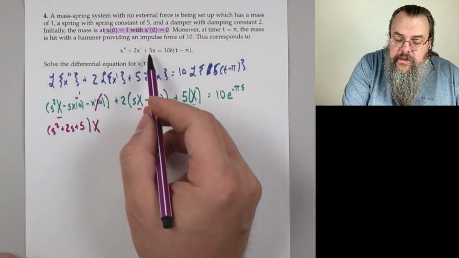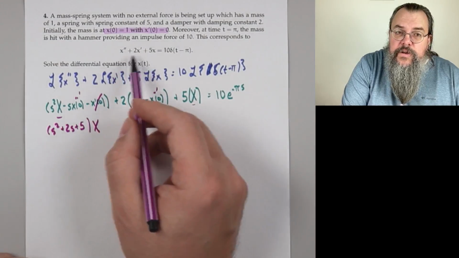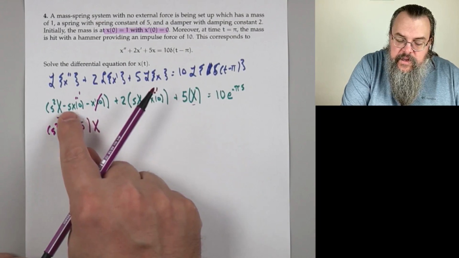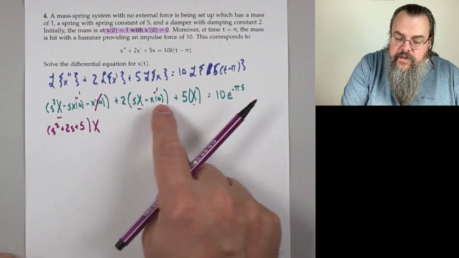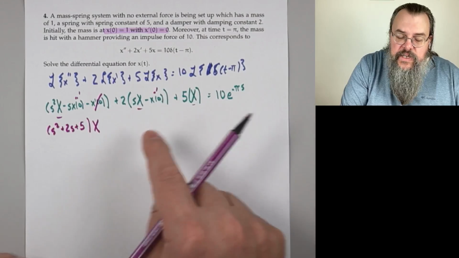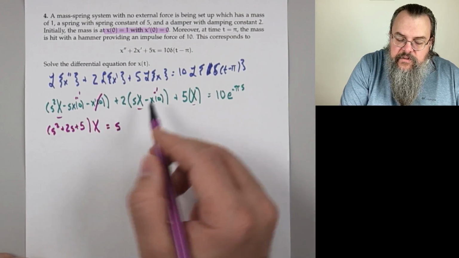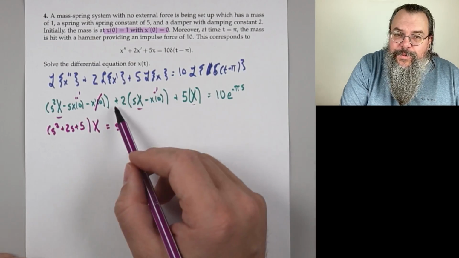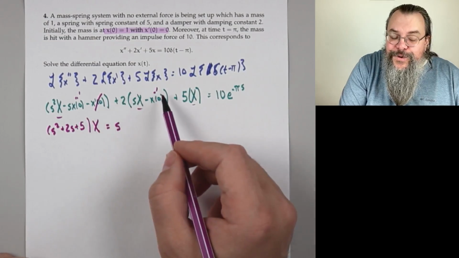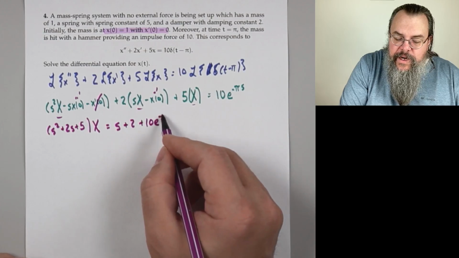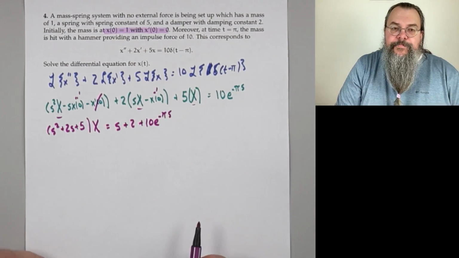It looks like these numbers, right? 1, 2, 5, 1, 2, 5. Okay, so there's a minus s. Don't forget there's an s there. And a minus 1. I'll go ahead and put that on the other side. So that's going to become a plus s. And that's not really a minus 1 right there. It's a 2. So plus 2 plus 10 e to the minus pi s.